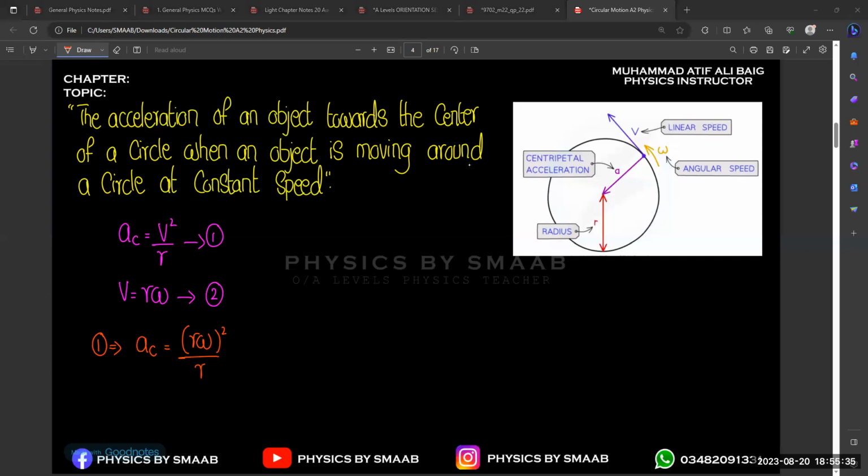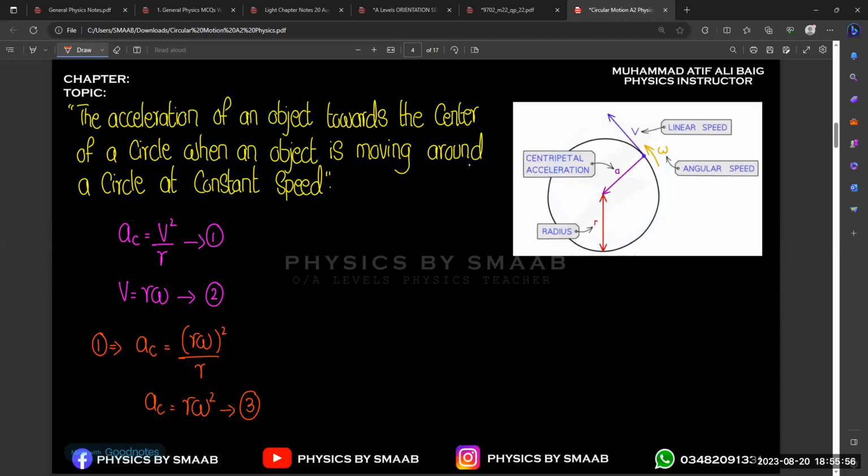And after cancelling out the r with the r in the denominator, your final answer will be a_c = rω². Clear? Any confusion?